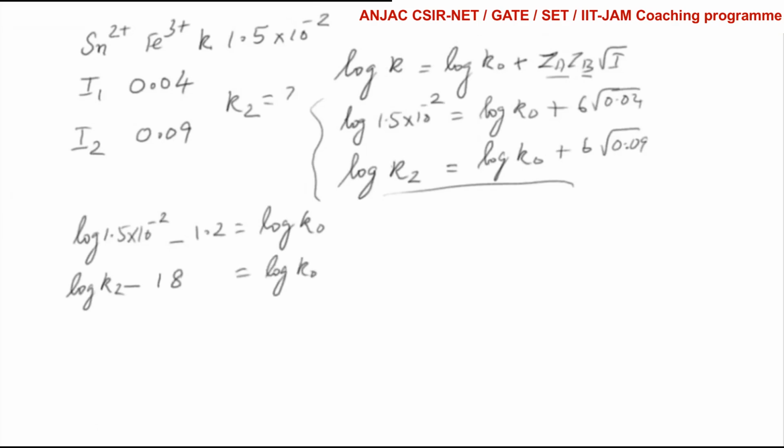Now, this log k naught is the same. Therefore, you can equate these, and after equating, the only unknown is k2. Find out the value of k2. And this is a type of problem that has so far not been asked.